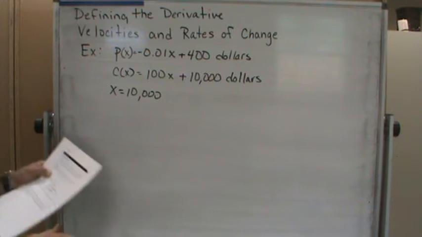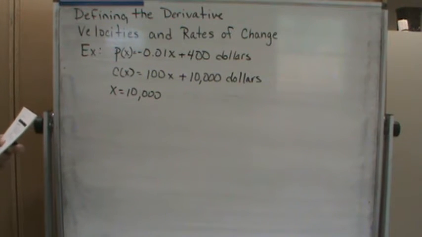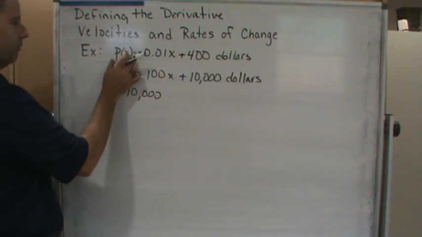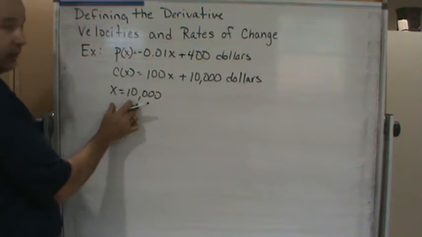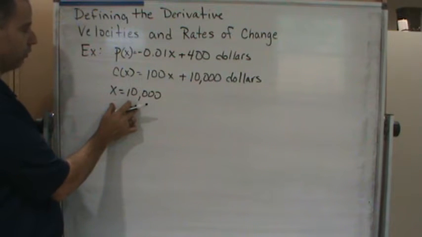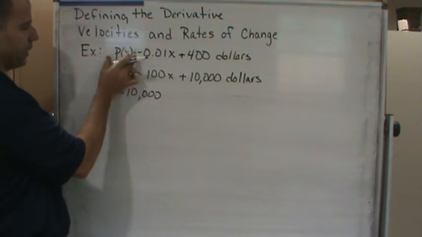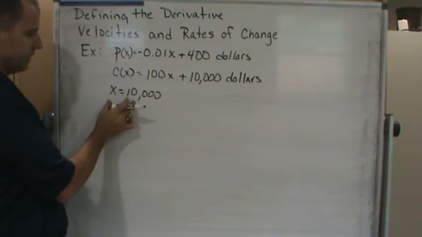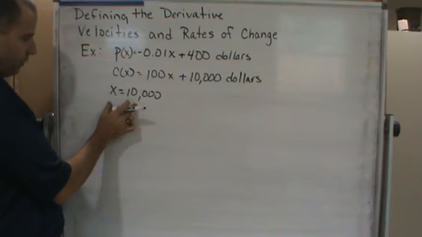And so assuming that we sell the 10,000 games, this is the price per system, and this is the number of systems that we sold.